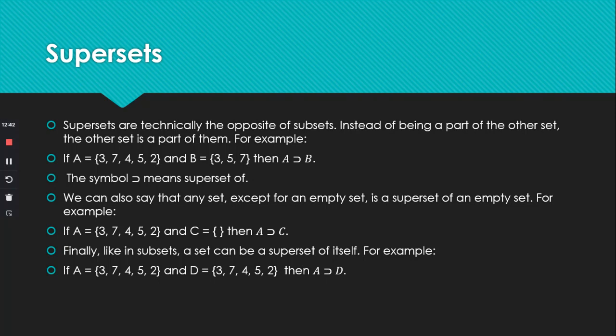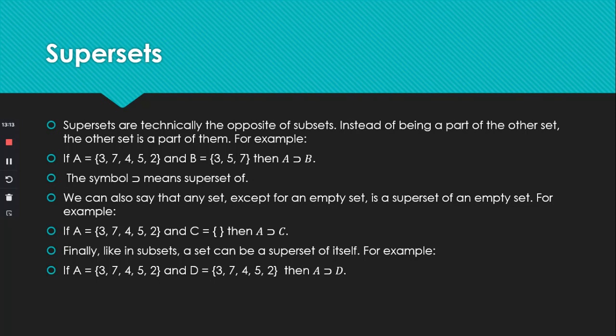We can also say that any set is a superset of an empty set. May sound confusing, but yes. For example, if A is equal to 37452 and C is a null set, then A is a superset of C. Actually, a null set can be a superset of a null set because the final rule is, like in subsets, a set can be a superset of itself.